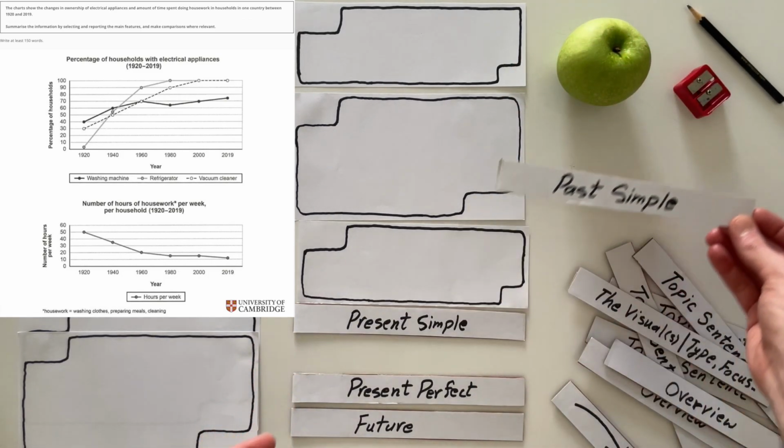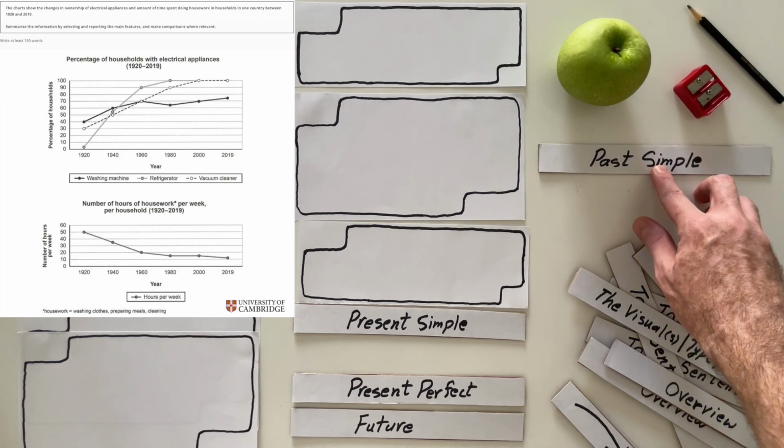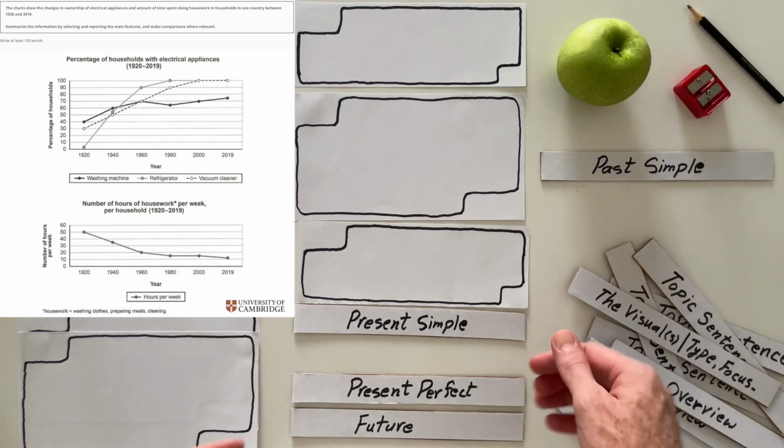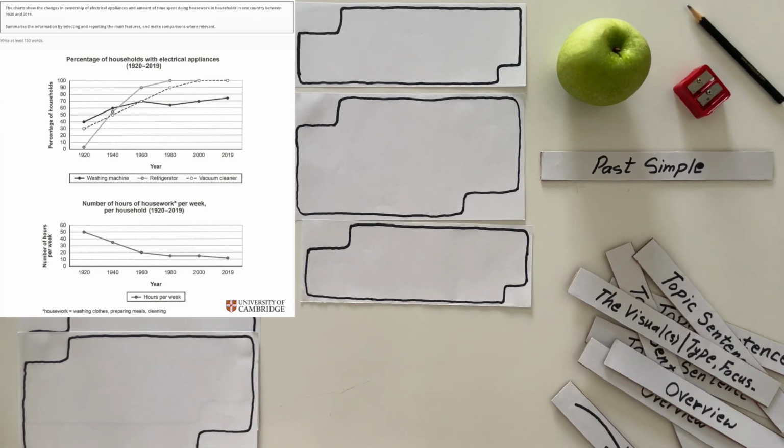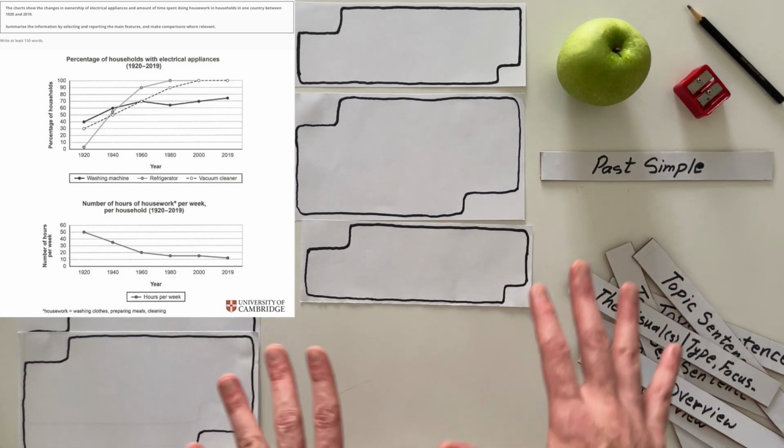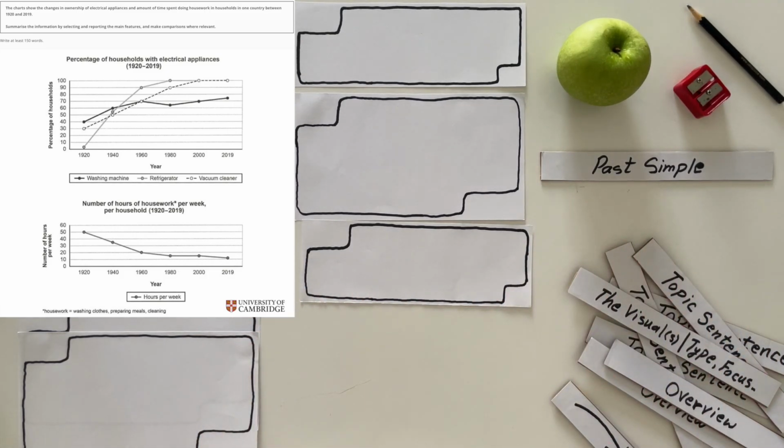So I'm going to borrow past simple, put it here as a reminder, and I'm going to say goodbye to all the other elements. Okay, now this is a much clearer set.